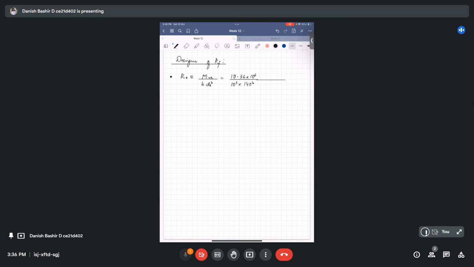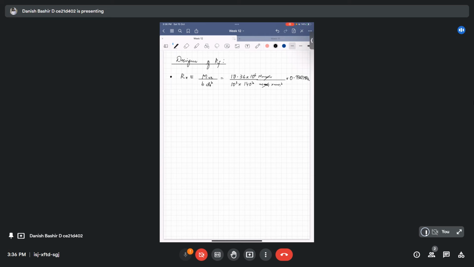This will be Newton mm, and this will be mm into mm square. One more thing, it's only mm. It's Newton per square mm, megapascal. So it is 0.9367 MPa.